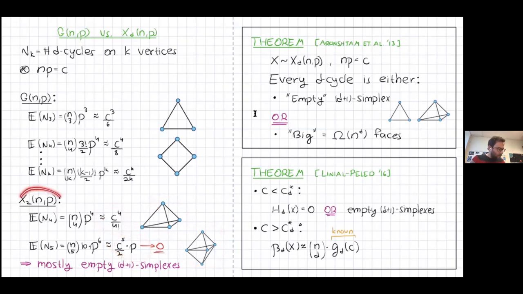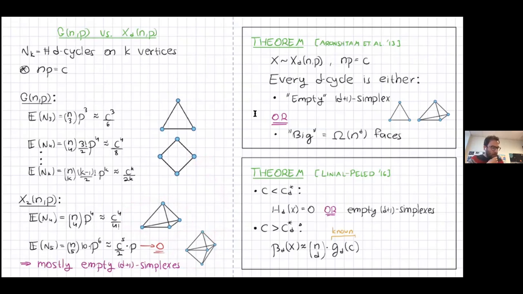So in the simplicial complex case, in this regime, you can only see those smallest 2-cycles or D-cycles, which you can think of as an empty tetrahedron or an empty D+1 dimensional simplex, and everything else will very rarely appear. So it's very different from what we have here.